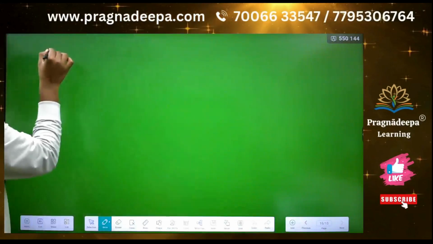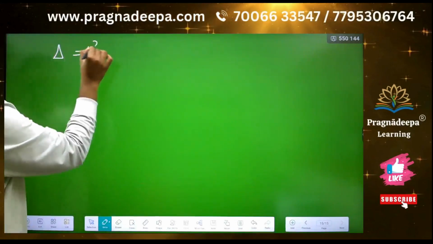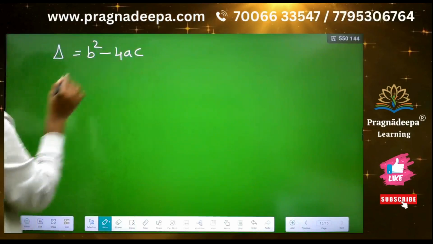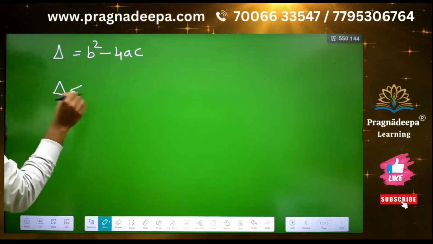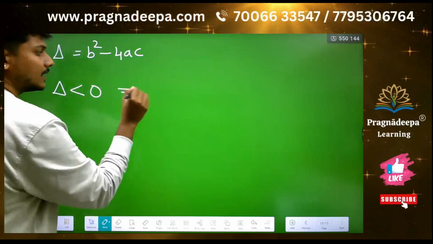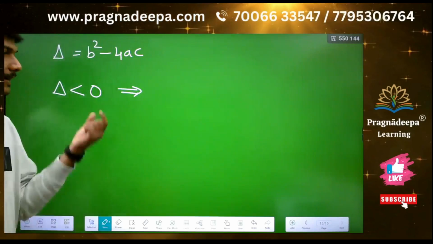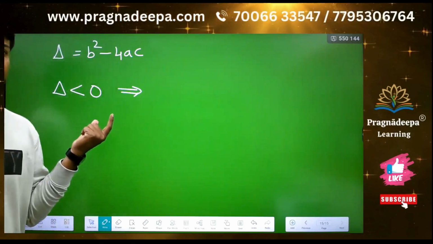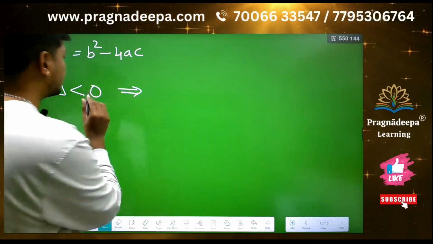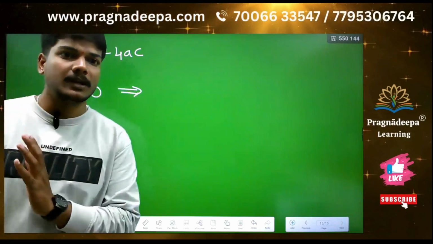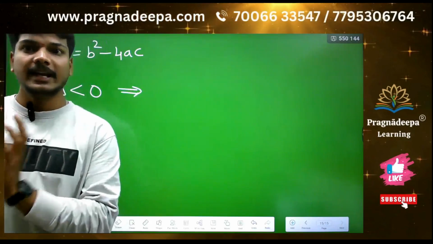So if this delta is less than 0, what happens? What type of roots do I get if delta is less than 0? Observe, less than 0 means negative numbers, right?